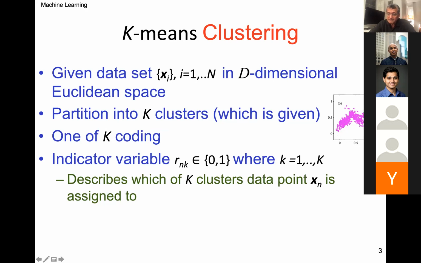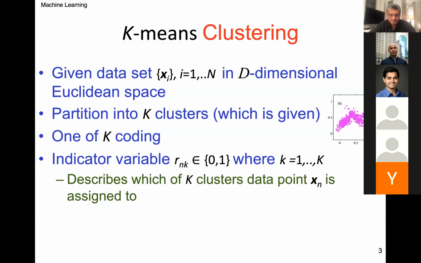They'll have their own means, and we'd find the means of these clusters, and also get an assignment to every point saying which cluster it belongs to. We'd color each of these points red, green, blue, let's say. And the clustering task is to find what class each point belongs to.